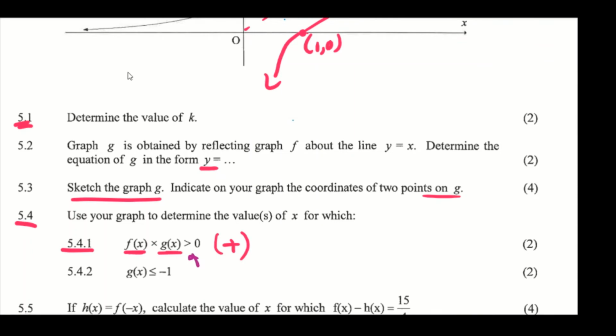Okay, so 5.4.2 says that when you have g of x being less than or equal to -1, what is the solution of x when that happens, right? So as I said, when you see g of x, they're talking of y values, right?